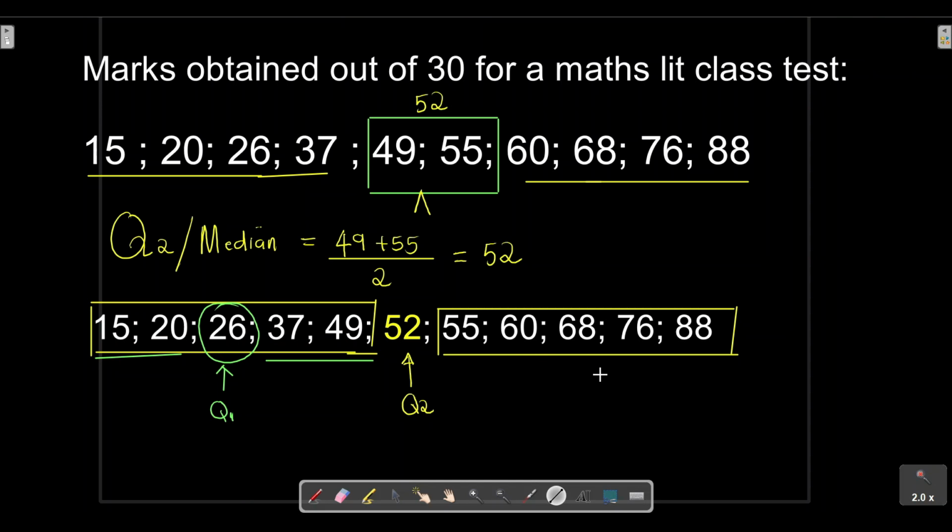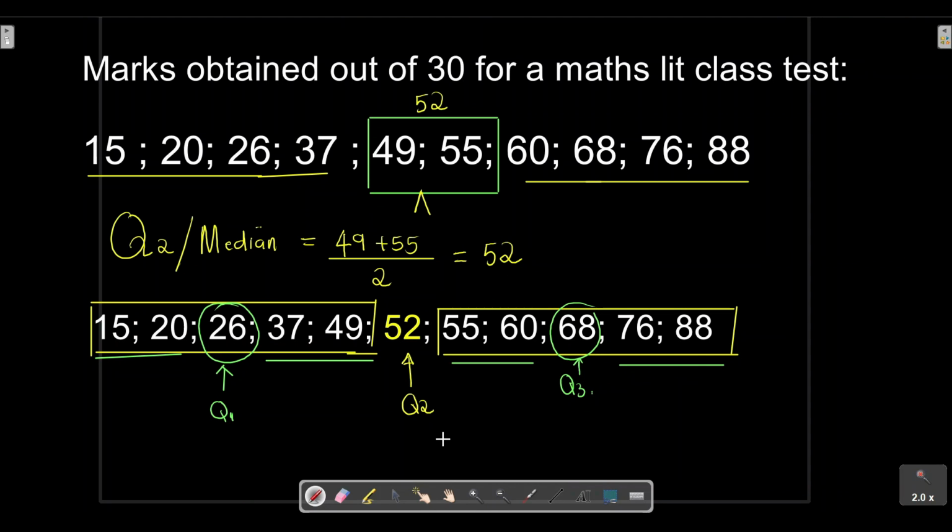We've got two values on the left side of 68, if we're just focusing on the values highlighted in yellow, and we also have two values on the right side of 68. Therefore, our Q3 is equal to 68.